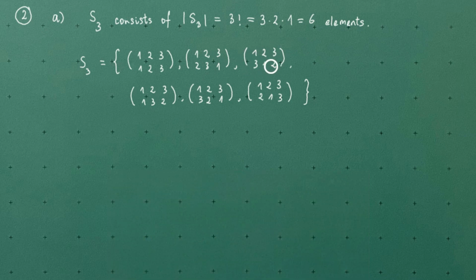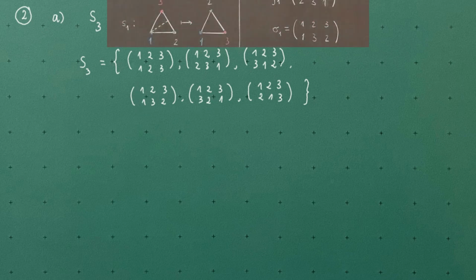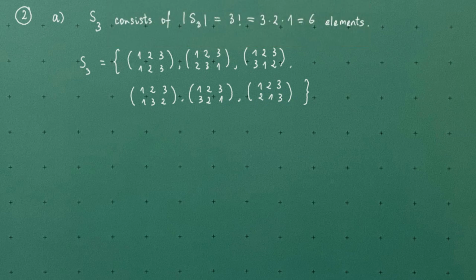This here then is the rotation by 240 degrees, and these 3 elements are the reflections, because you see here one vertex stays the same, and the other 2 get flipped around or interchanged. So these here are all the 6 possible bijective maps from the set 1, 2, 3 onto itself.